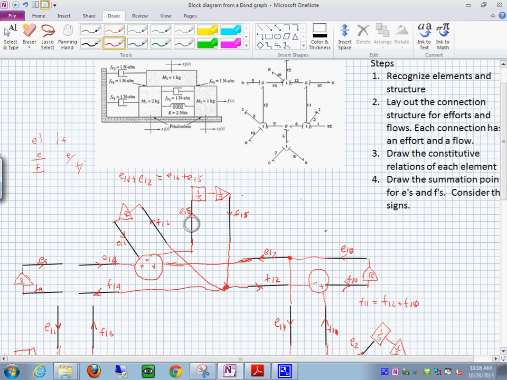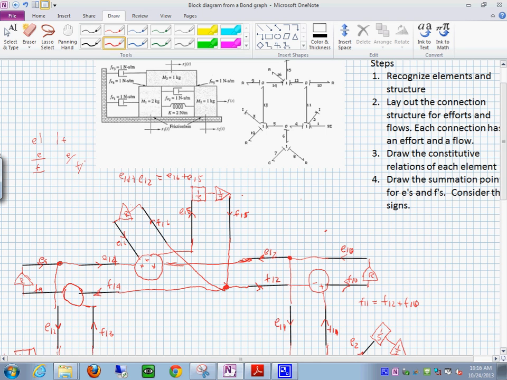Alright, let's just finish it up with this one over here, which is over here like this, and the summation point would go to this. This way we have the flows in here.